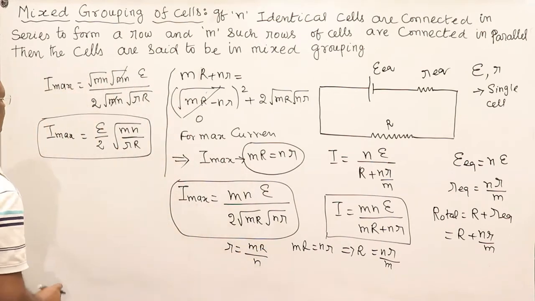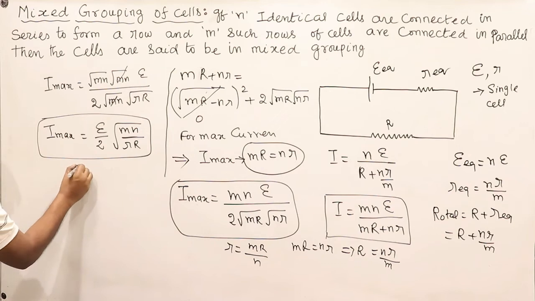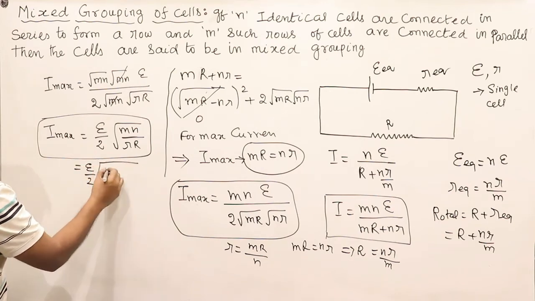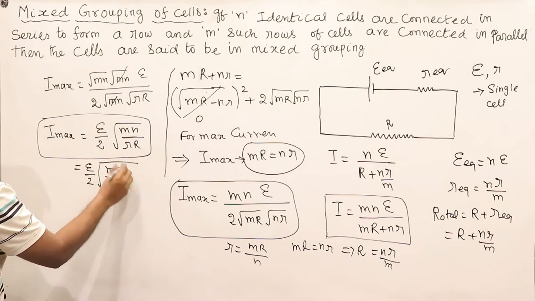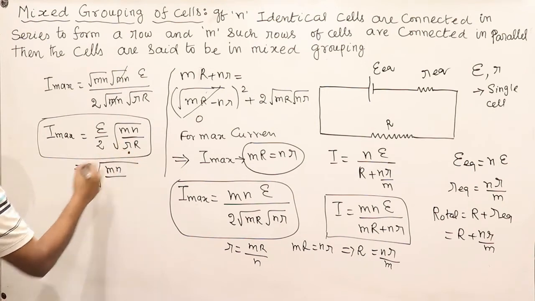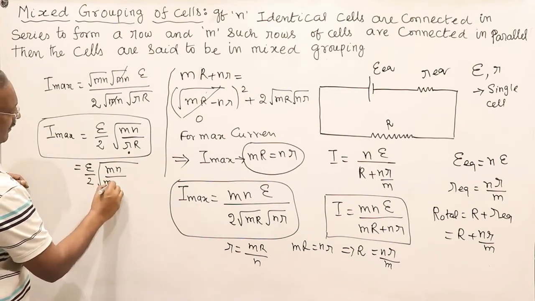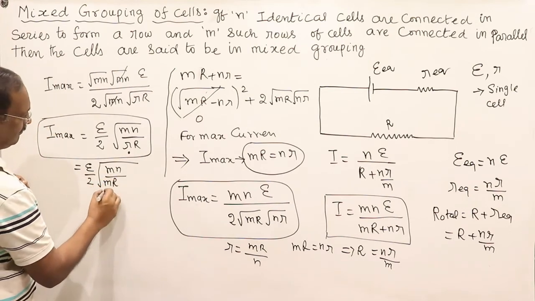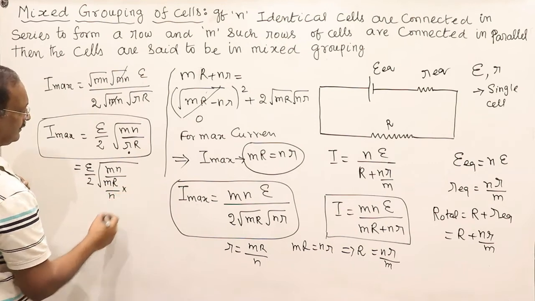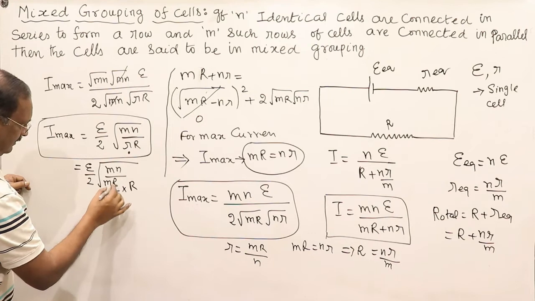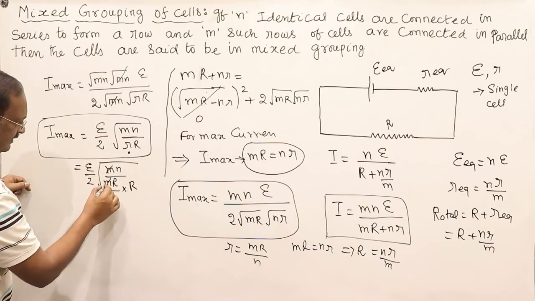So for I equal to I max, we can write under root m into n, and we replace this R now. When we replace R, this will become m r by n into m r by n into r, so this m gets cancelled.